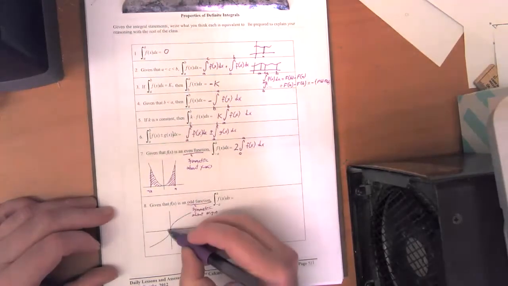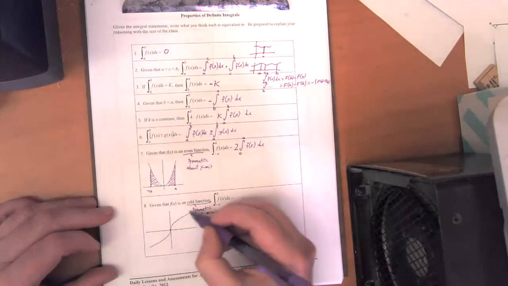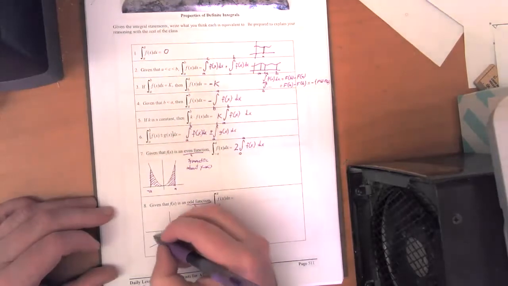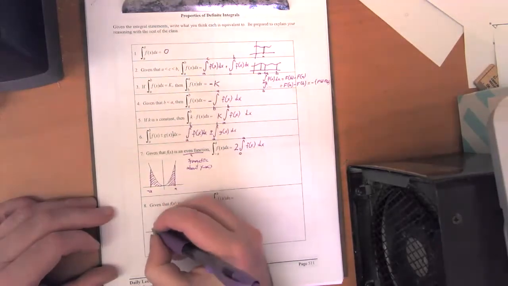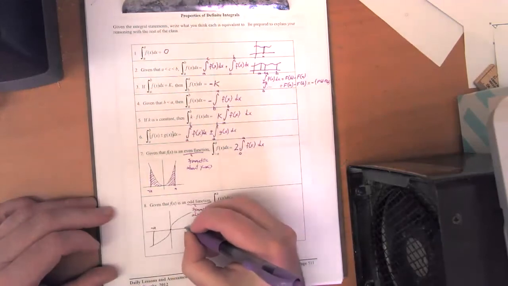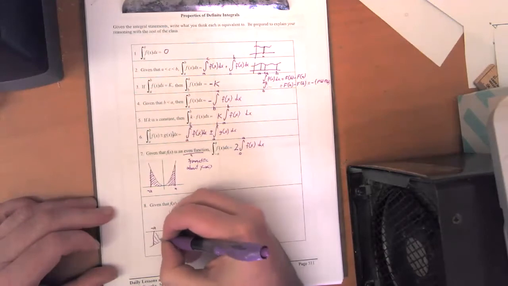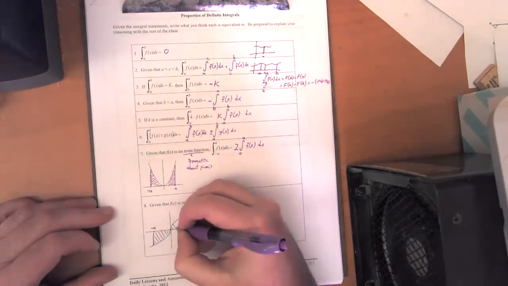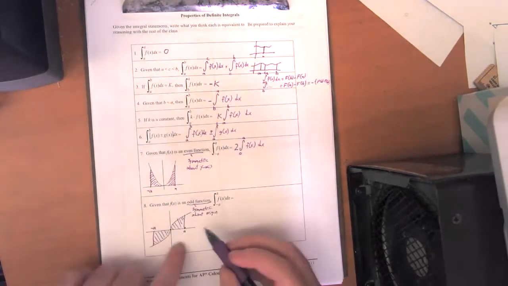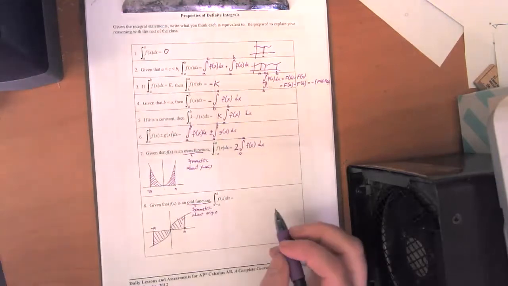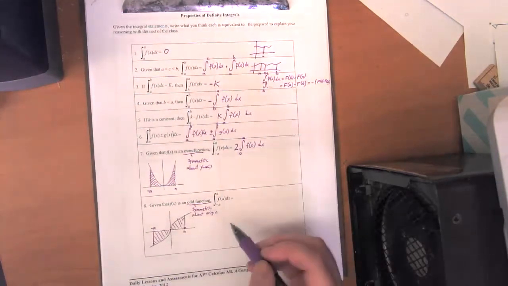All right, so we've got the same look of the graph here in the first quadrant as we do in the third quadrant. So once again, if we wanted to calculate an integral from negative a to a of this, how do you think we could simplify this?